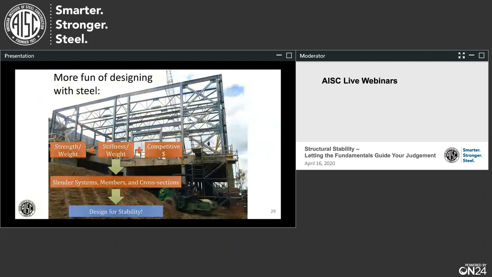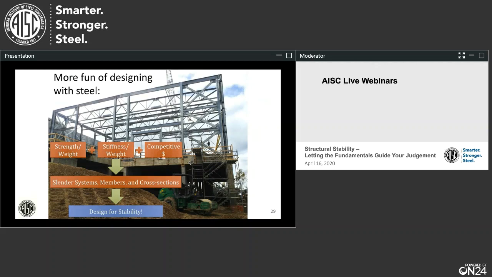So focusing on designing with steel, one of the things about steel is it has amazing strength to weight and amazing stiffness to weight ratios. So it's a very, very good material in that context. The problem is it's not free. It can be expensive, so you've got to come in with a competitive price. And by the time you combine those three, what you often end up with are very slender systems, very slender members, and in some cases slender cross sections.